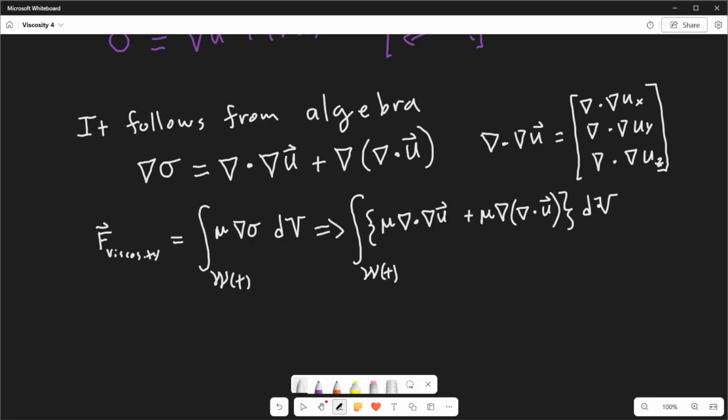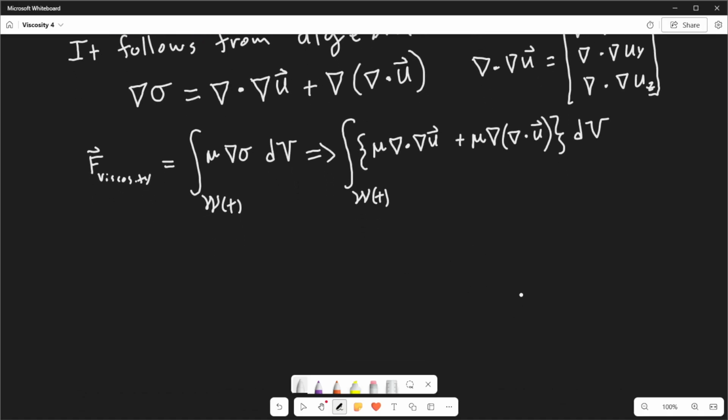Double check that I did that right. Okay, so that's the force of viscosity. This could actually be put into the Euler equation, and that would be one form of the Navier Stokes equation.